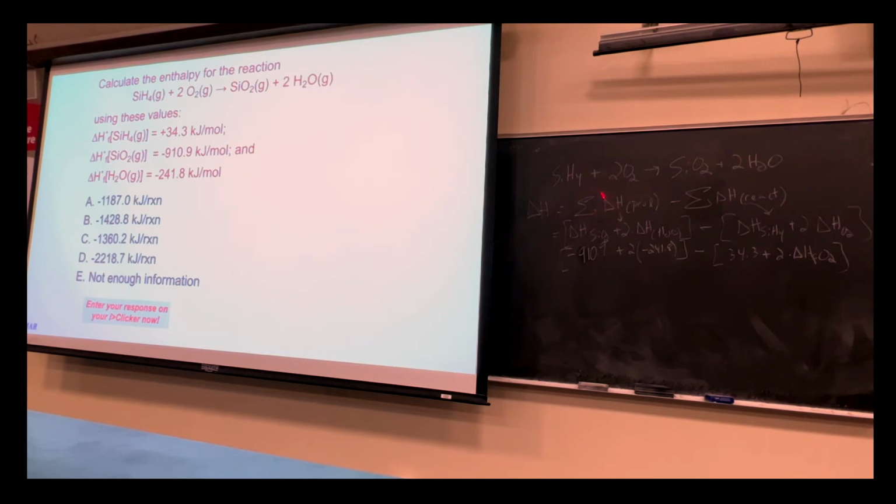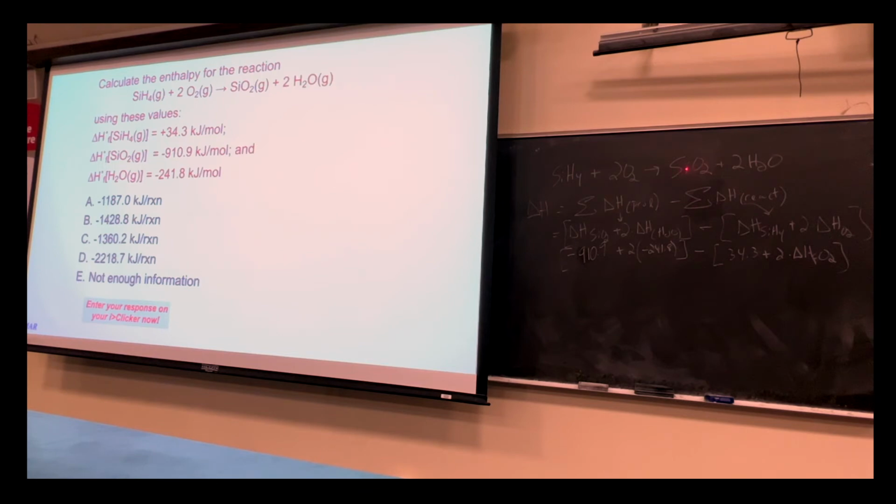This is the summation sign. I find sometimes I draw it better than other times, so I apologize, but it just means add up all of them. In this case, you want to add up all the delta H's of the products, the SiO2 and the 2 waters, and subtract from it all of the delta H's of the reactants, the SiH4 and the 2 O2s. That's where these values come in.